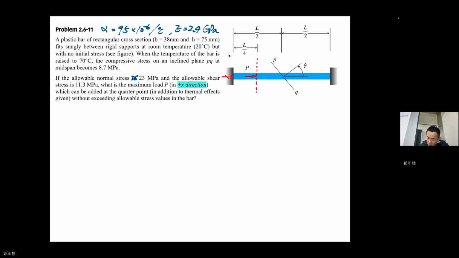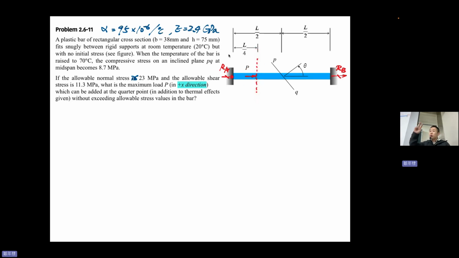Of course, this is RA, this is RB. Eventually we need to write down the compatibility equation. There are two sections, the first section and the second section, because the state changes by this force at that point.